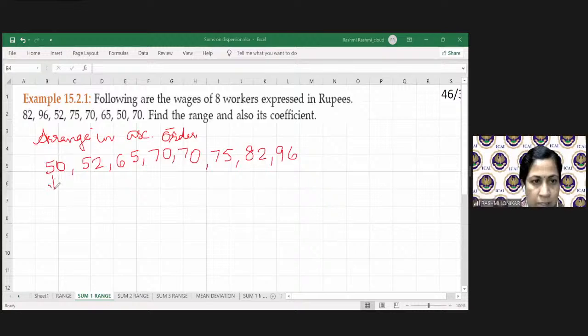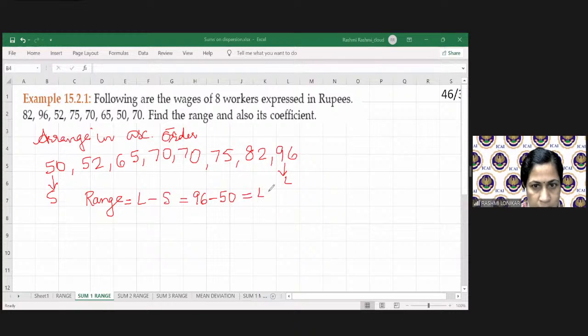This is my smallest number, this is my S. What is my largest number? This is my largest number. So my range is equal to L minus S. How much is L minus S? 96 minus 50, answer is 46.